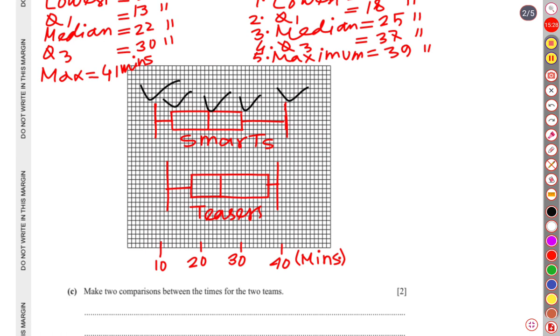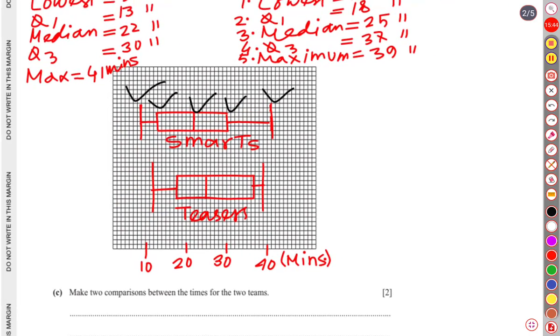The median is 22 for smarts, whereas the median of teasers is 25.